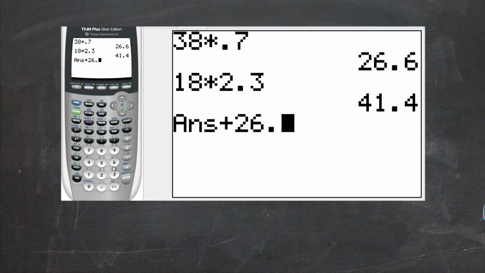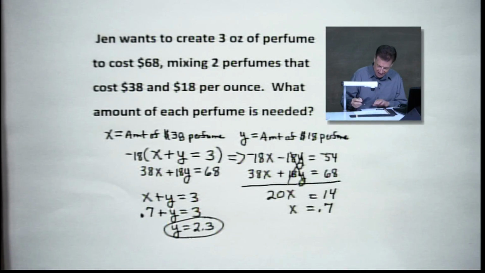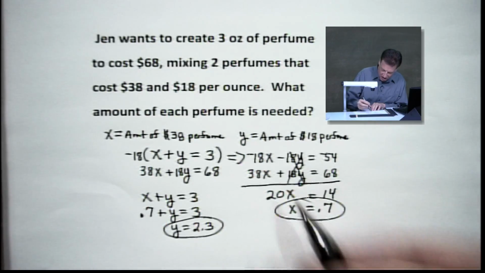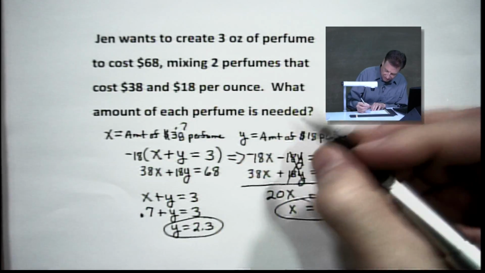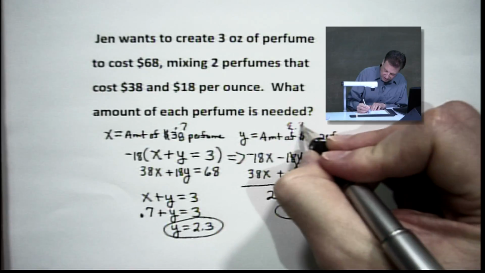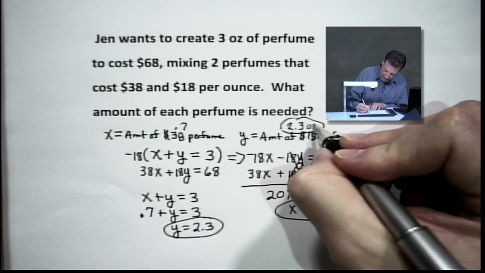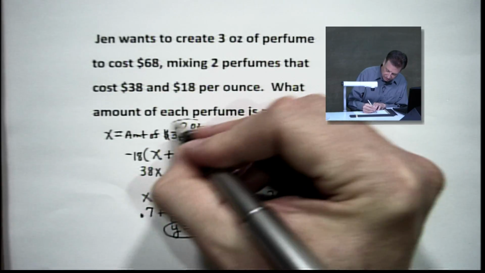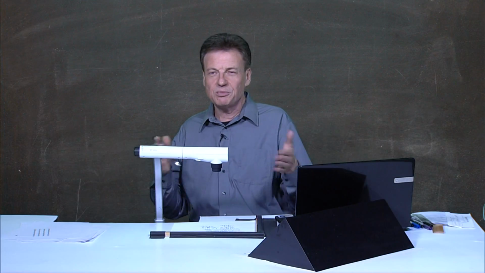In other words, that's $26.60. And we got a $68 bottle of perfume for 3 ounces. Right there it is. It checks all out. So there's your cost right here, 7/10 of this, and 2 3/10 right there. And those are ounces. Okay, so there we go, a little bit of percent mixture.